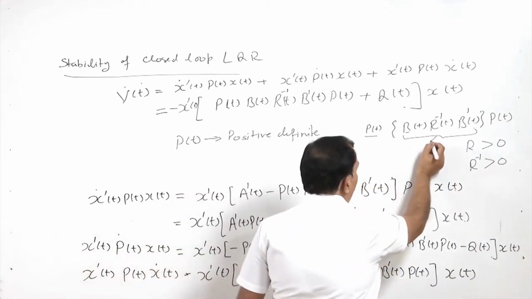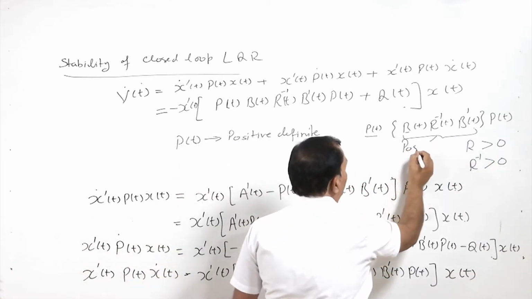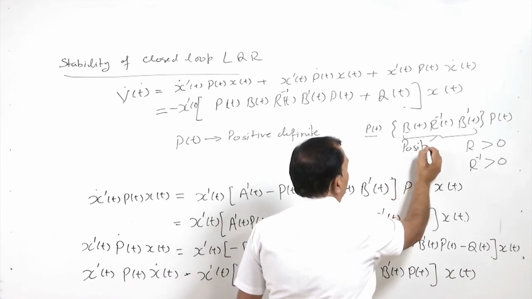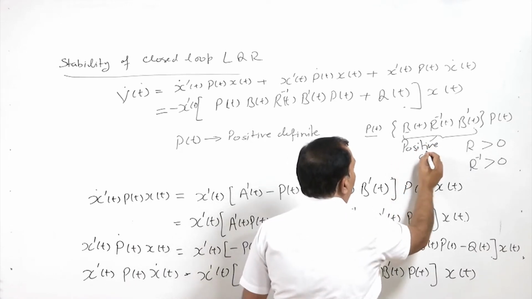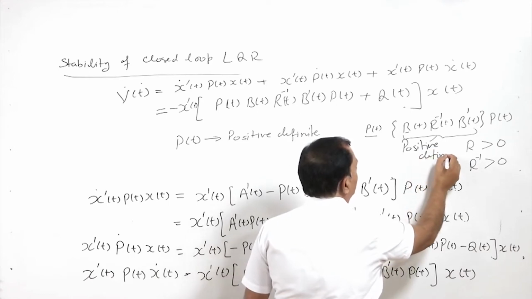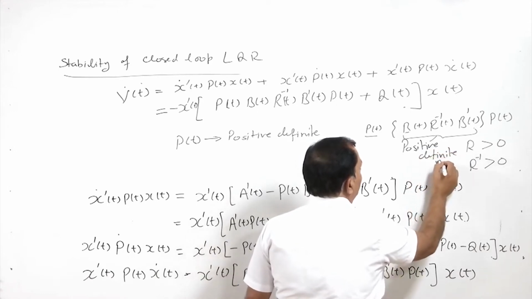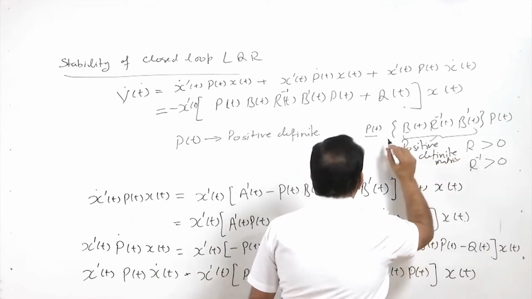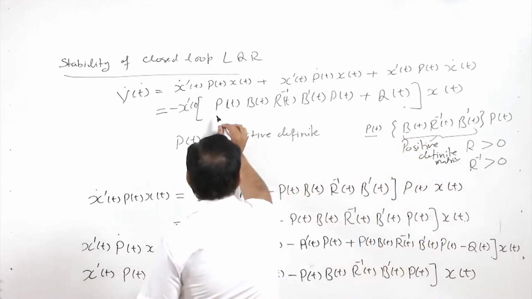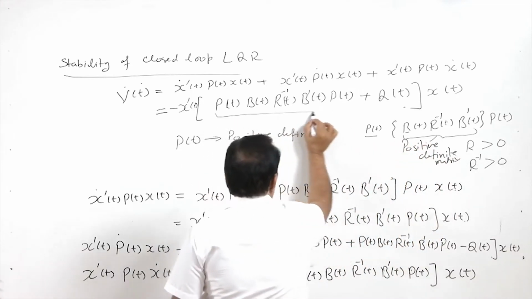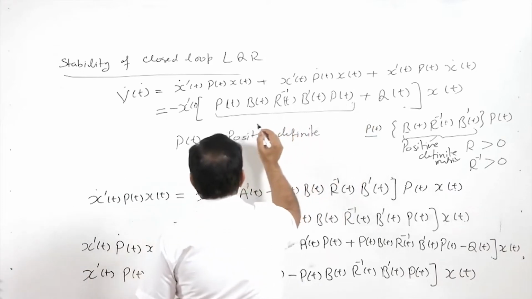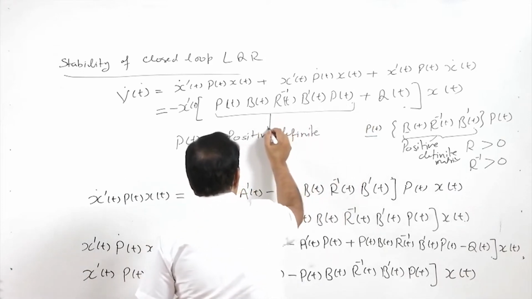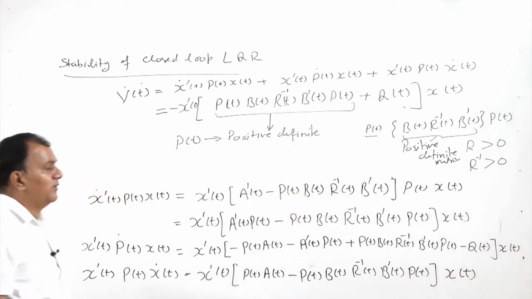This means this matrix will be a positive definite matrix. So, with this multiplication, I got my whole matrix to also be positive definite.